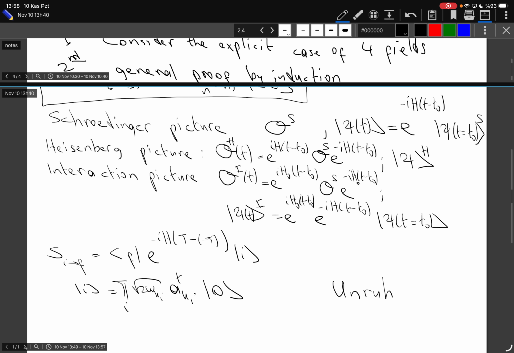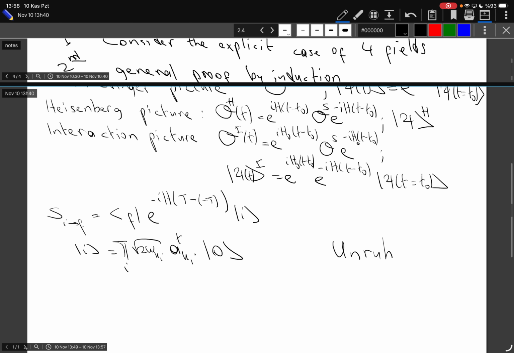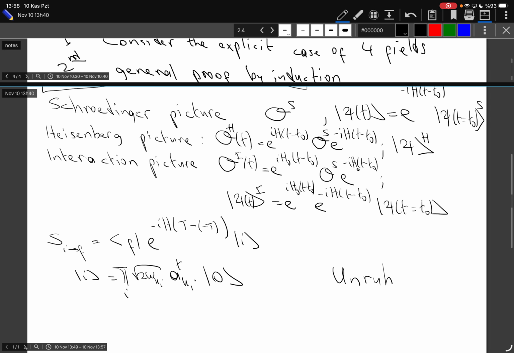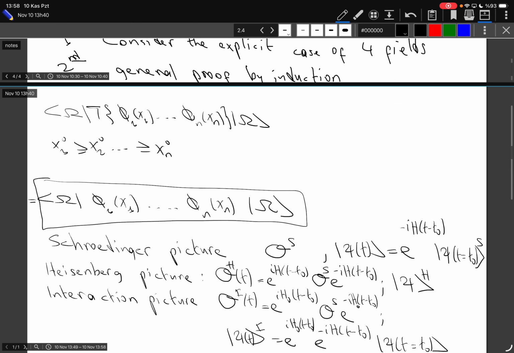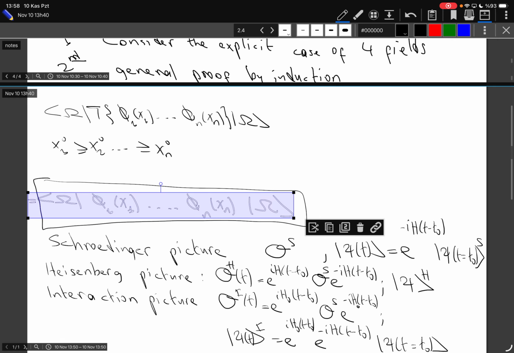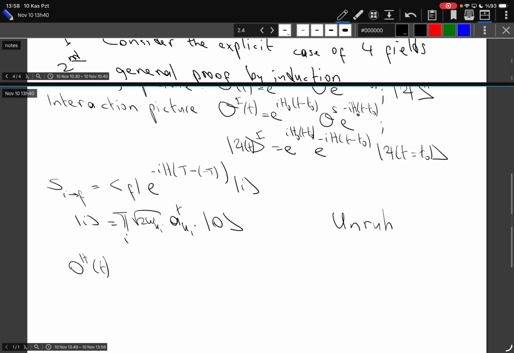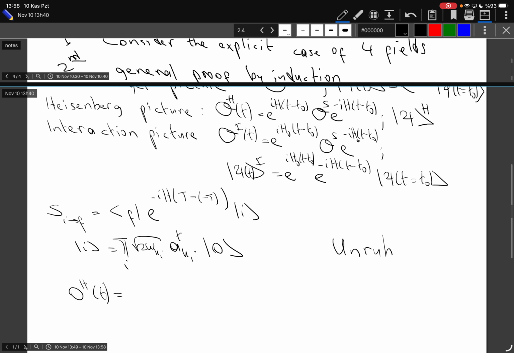Okay, let's come back. What I would like to do now is convert everything into the interaction picture. In this matrix element, I have my Heisenberg picture operators, which I had defined as e to the power i H (t minus t0), times the operator, times e to the power minus i H (t minus t0).